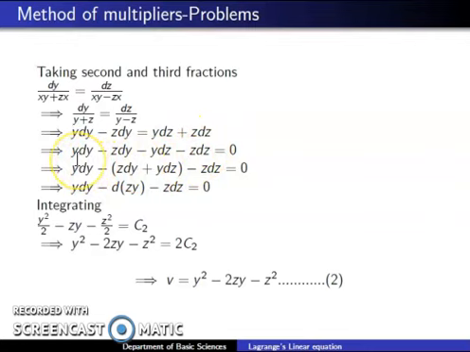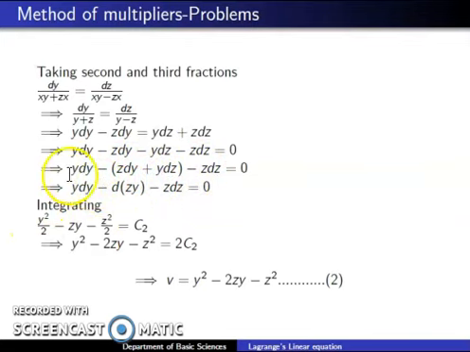So rearranging, we can write y dy − z dy − y dz − z dz = 0. Again rearranging, we can write y dy − (z dy + y dz) − z dz = 0.